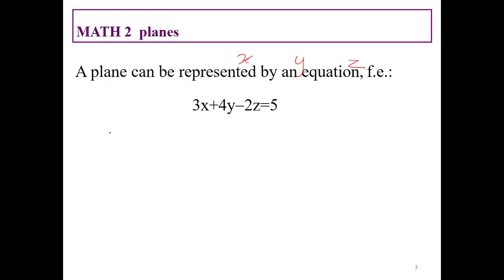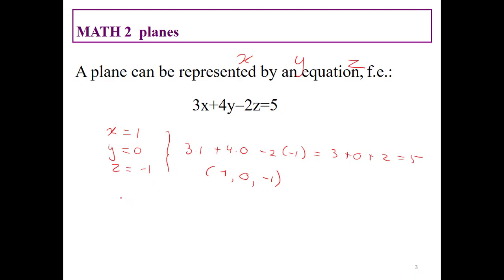For instance, if we would choose x being 1 and y being 0, then that would result in z being minus 1. Because now we have 3 times 1 plus 4 times 0 minus 2 times minus 1 being 3 plus 0 plus 2 being 5. So this is a good point on the plane.